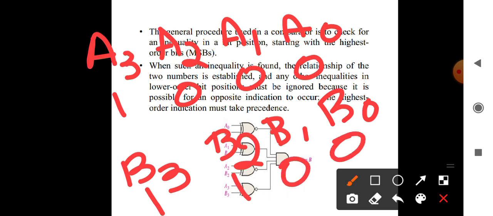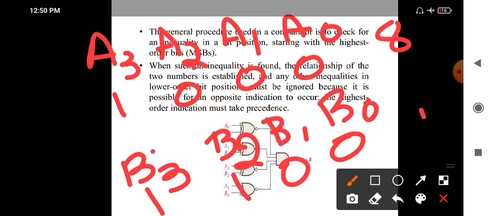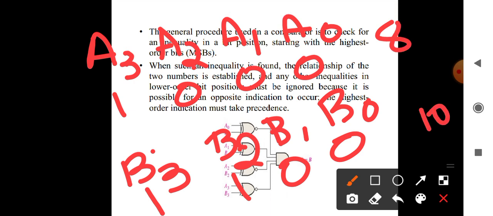If a3 is equal to b3, both are the same, and a2 is lesser than b2, then what is this number? This number is 8 here, and this number is 10 here. So what we can say? B is greater than A.